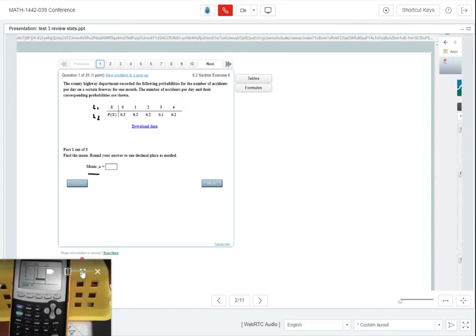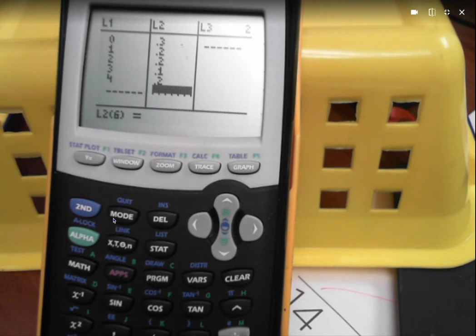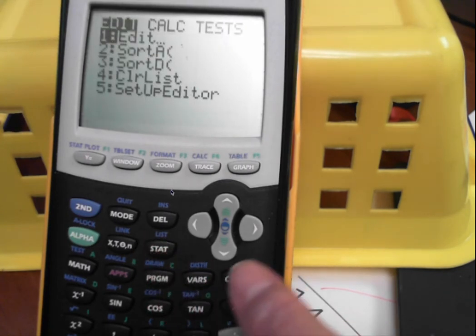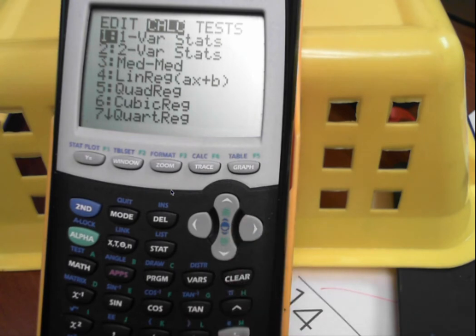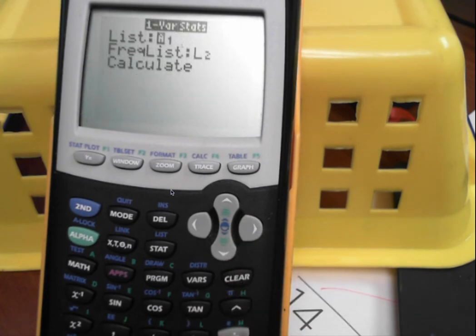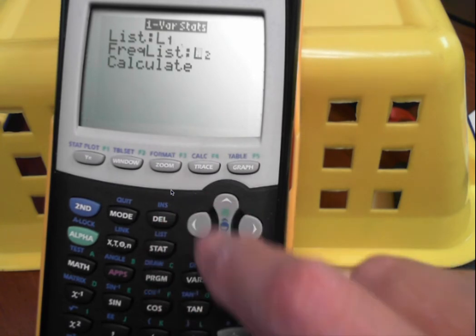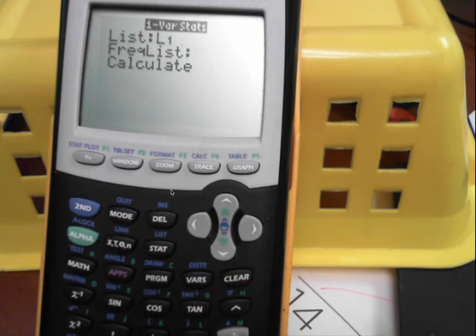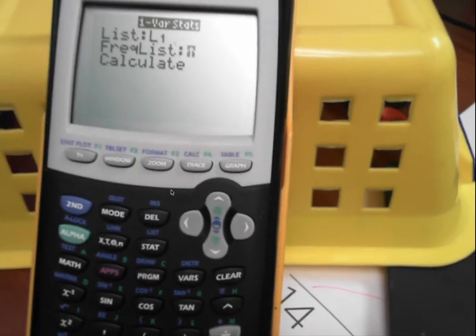So to find the mean, I hit stat, arrow over to calculate, 1 var stats. Make sure in list you have list 1 and frequency list. If you don't have anything in there, you have to hit second and the number 2 button. I know you can't see that.